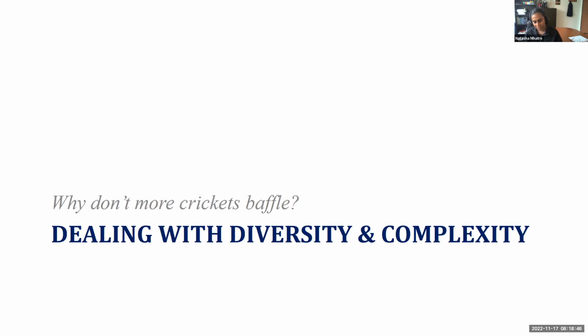if baffling is so good, why don't all the crickets out there in the world baffle? And we can start to ask this question by thinking about all of the different shapes that crickets take and all of the different places that they call from, and ask, well, if we put these guys in a baffle, how much better would their calls be? And maybe you will find out that it's not that much better, and that's why they don't all baffle.